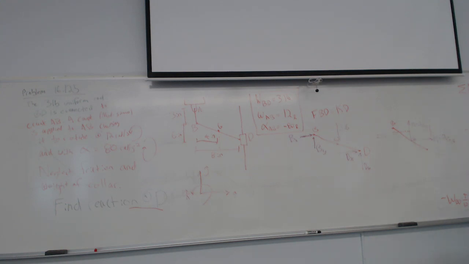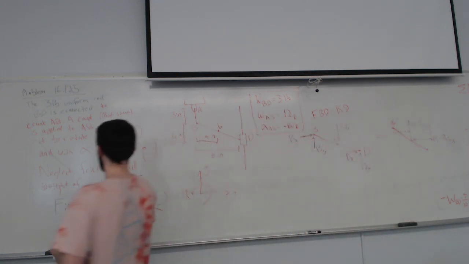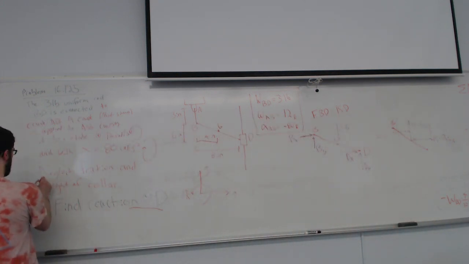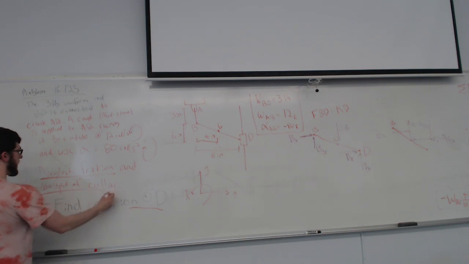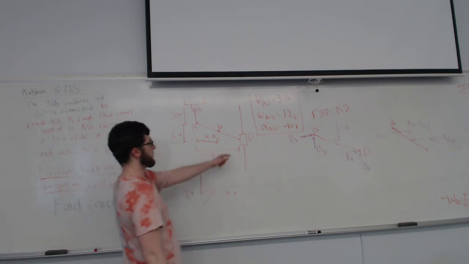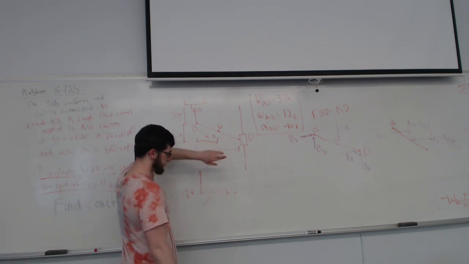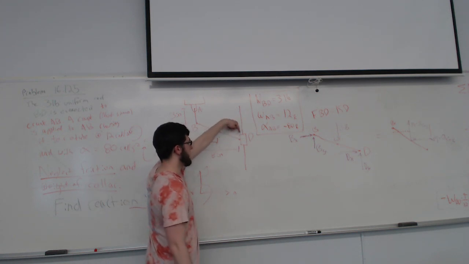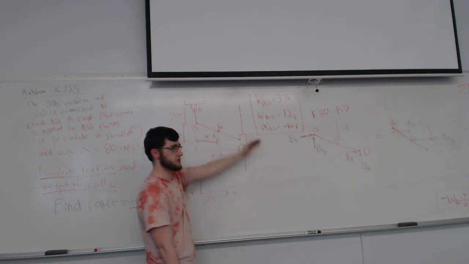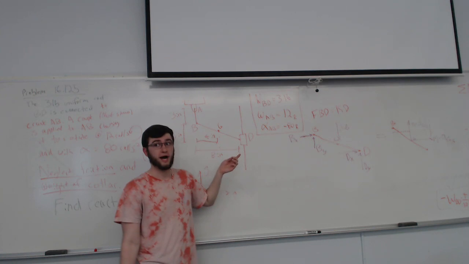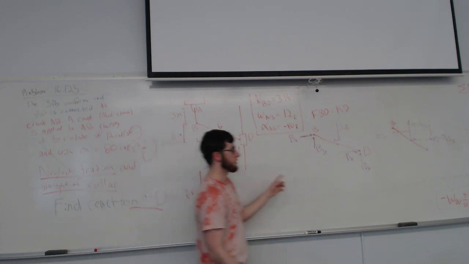But we can start simplifying things. So first one, we are neglecting friction and the weight of the collar. So if we're looking at this thing right here, there's no friction and there's no weight. So there's nothing going on at D, at least in the y direction, right?